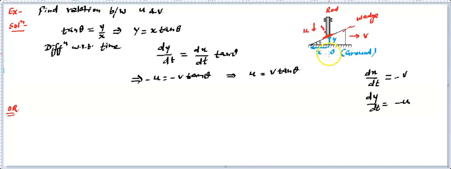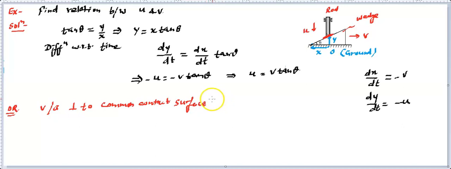So let me use this point: the velocity or acceleration, whatever it is, perpendicular to the common contact surface for the two bodies, are equal.